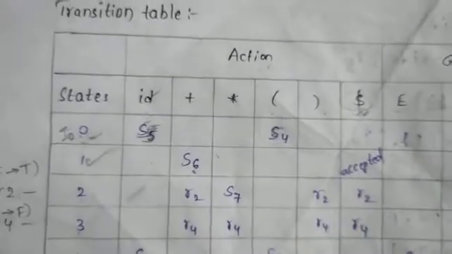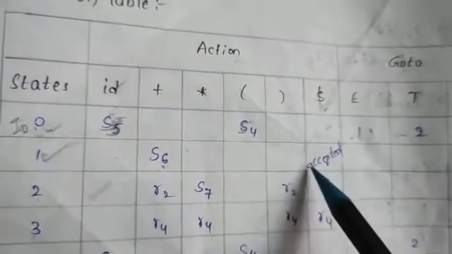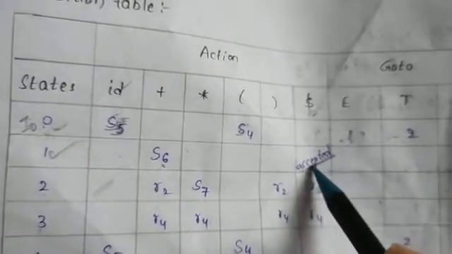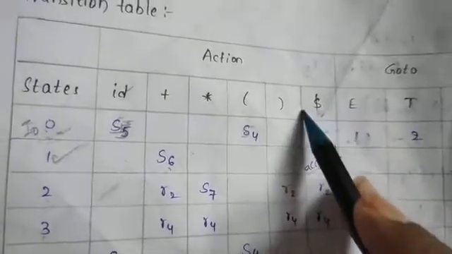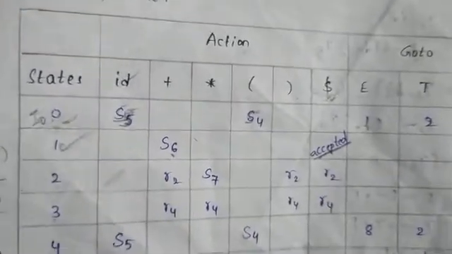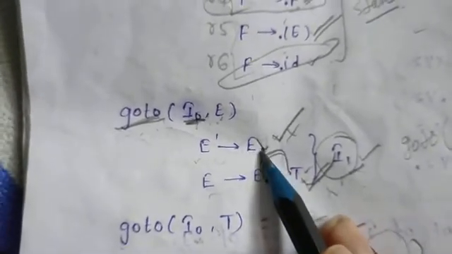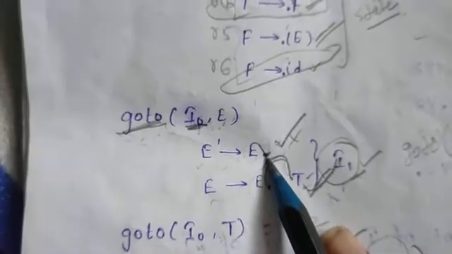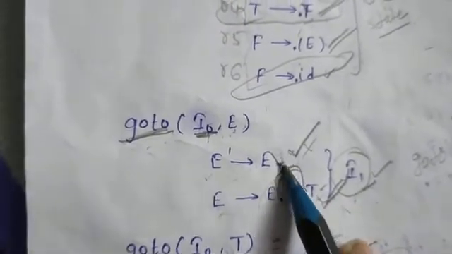Again, finally we will add an accept statement for dollar. Why? Because if you go back to the I1 state, the E element, the root element, will be reached, and the dot will be at the end of the root element in this state.